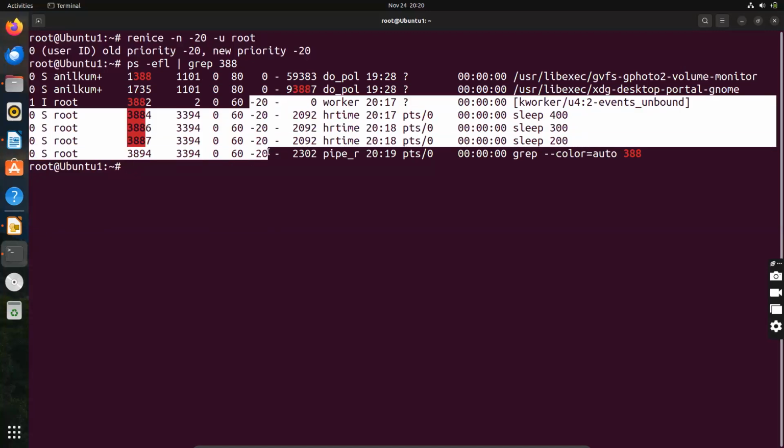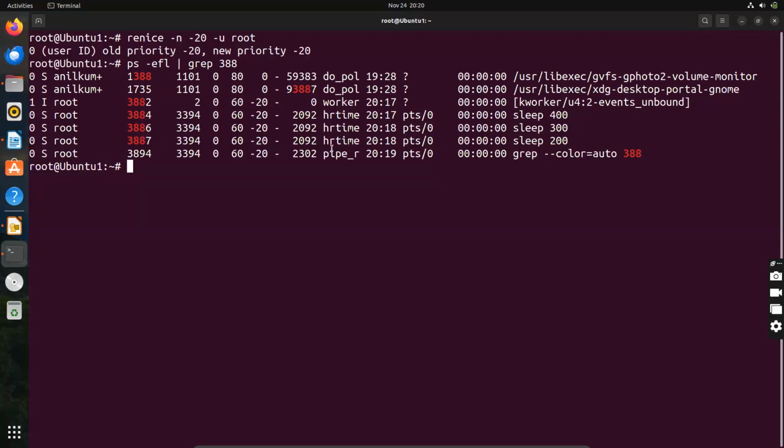We just gave high priority for all the root processes, whatever root executed, all the processes get -20. So likewise we will use the nice and renice commands. That's all for today.